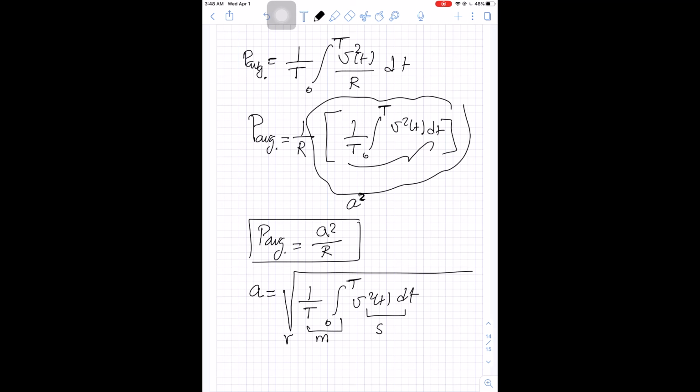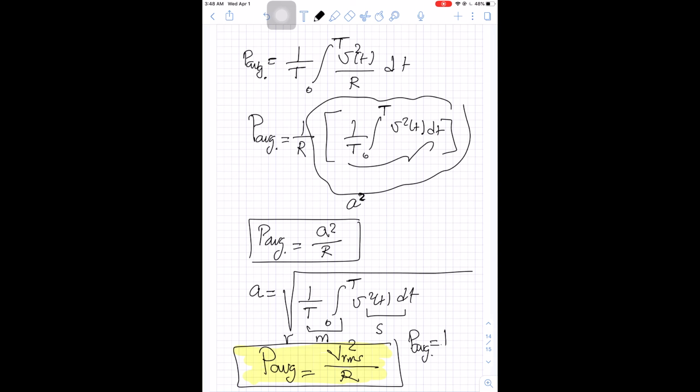So we can write down that P average equals V RMS squared divided by R. And this is the importance of using the RMS: to calculate the average power directly without having to integrate the waveform. And we can do the proof that P average can also be calculated as I RMS squared times R.